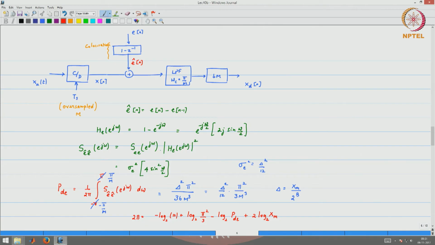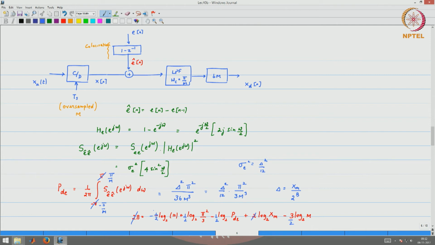Just make sure I do not make a mistake in this equation. There is a minus 3 log base 2 of m. Just take the 2 to the other side, so all of these things will get a factor of half. So, this becomes minus 1/2, this becomes 1/2, this becomes 1/2, this cancels, this becomes minus 3/2.